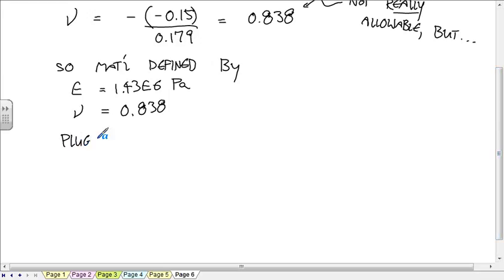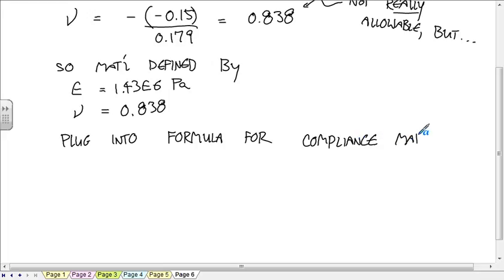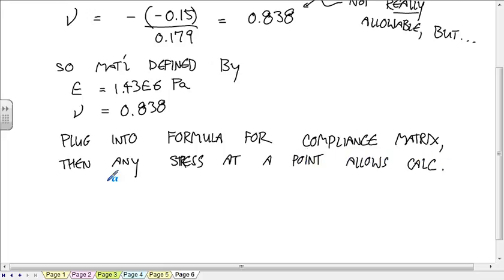So plug this into the formula for the compliance matrix, and then any stress at a point allows the calculation of the strain at that point.